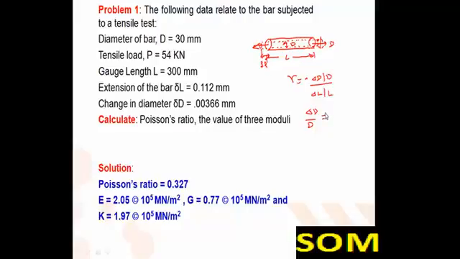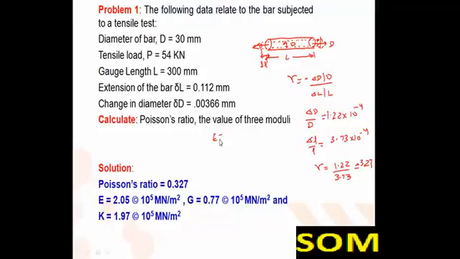This comes out to be 1.22 into 10 to the minus 4, and delta L by L comes out to be 3.73 into 10 to the minus 4. So nu comes out to be 1.22 divided by 3.73, which is 0.327.